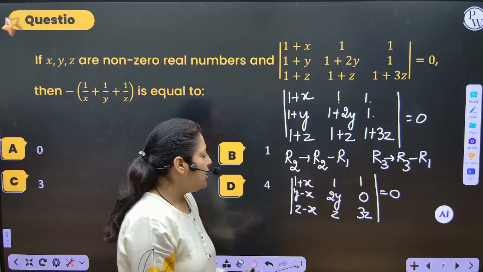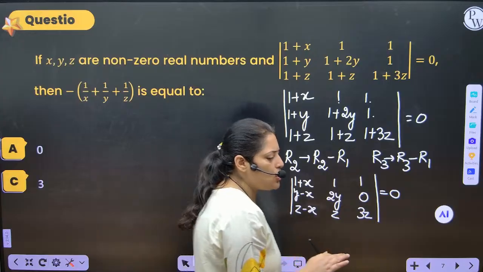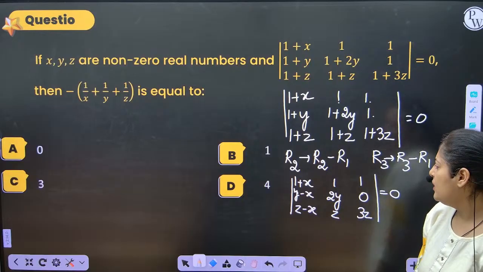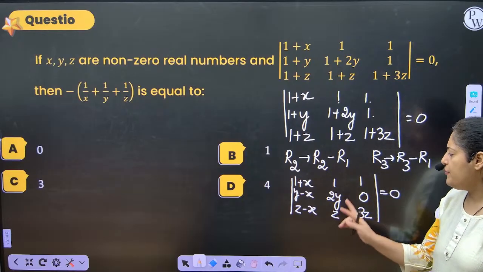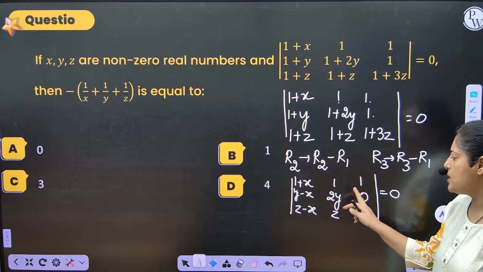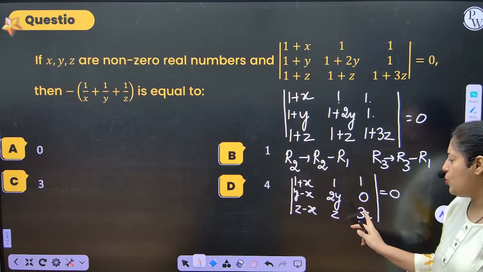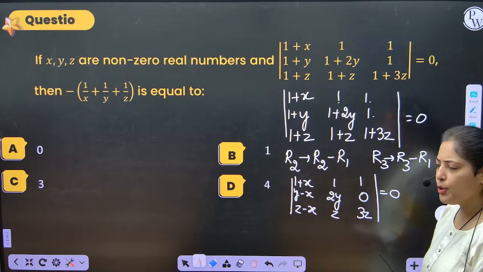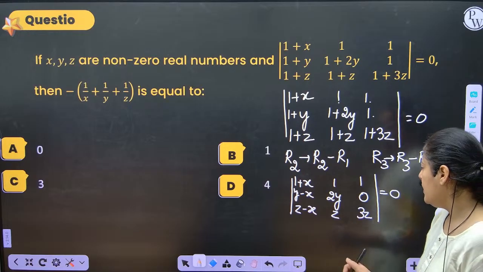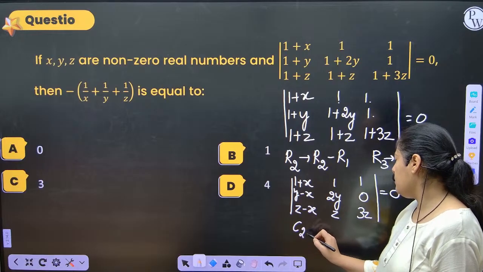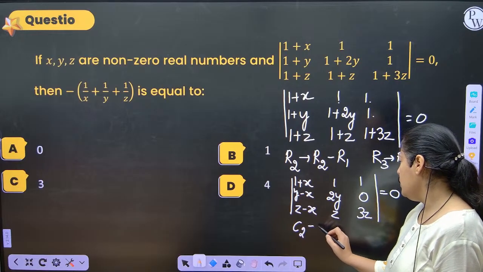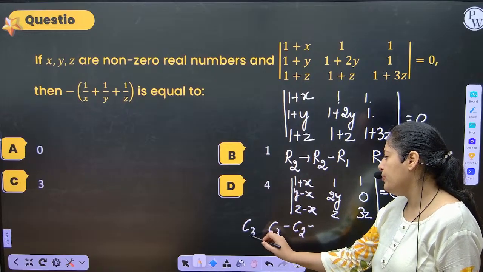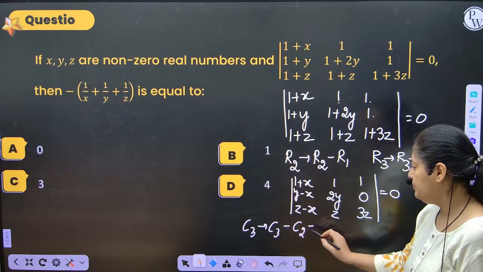That way also you can do, or simply expand it. Because if I subtract here, this will become 0, but this will become minus 2y and this will become 2z. So that also we can do, no issues. Column 3 minus column 2, that also I can do.